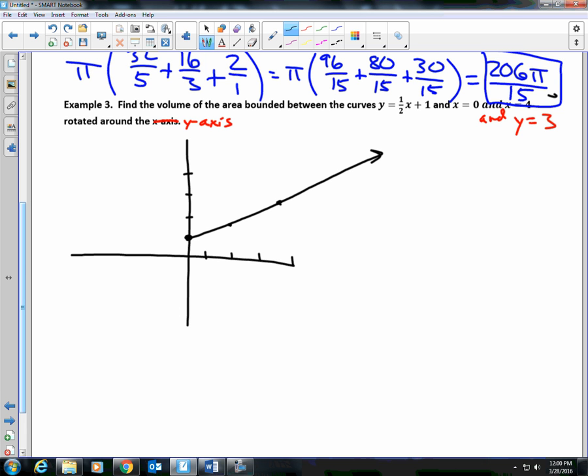We're bounded at 0, 4, y equals 3. Do you see the bounded region that we're actually referring to? The top part. Yep, because it's y equals 3, so therefore it has to be this area. The bottom would not be bounded by y equals 3.